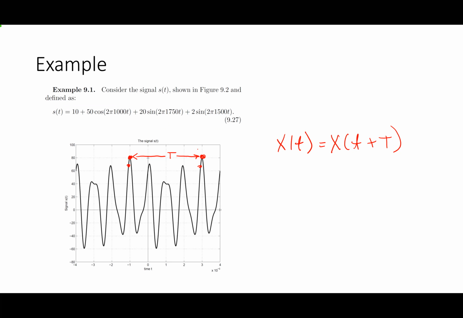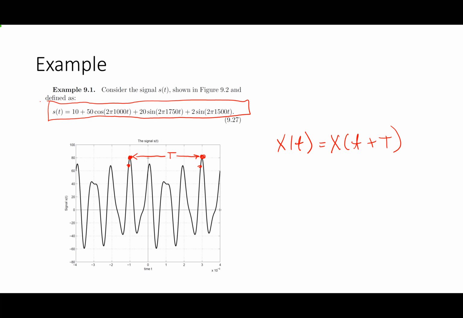Now, if I look at this here, the equation that I'm given is S of T is that. This is very similar to the types of problems that you have in problem 2 of homework 6.